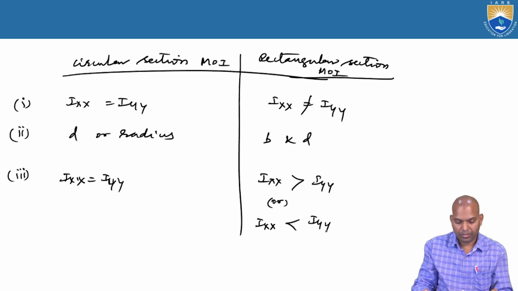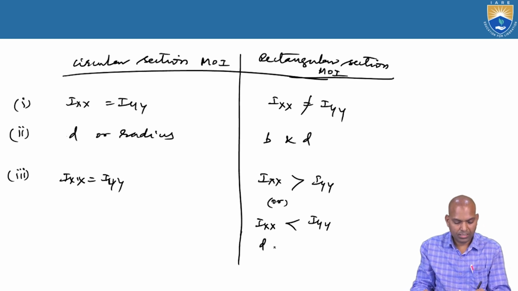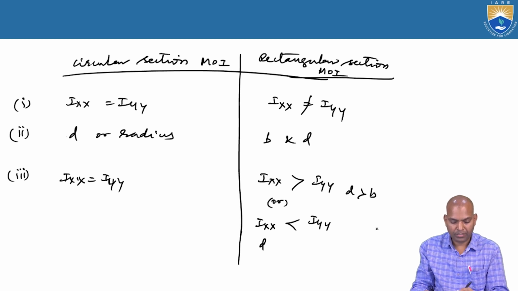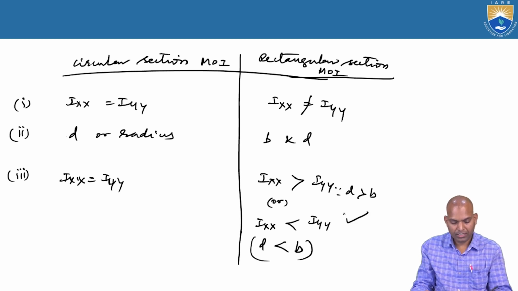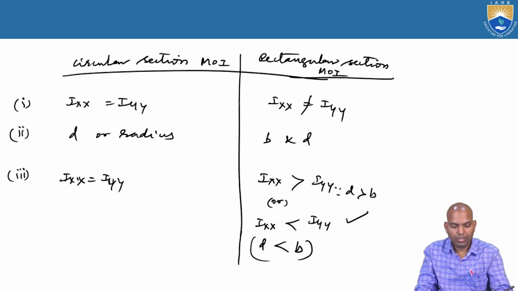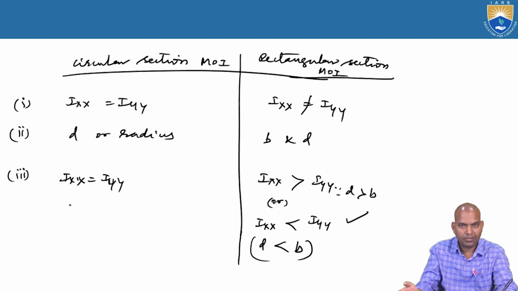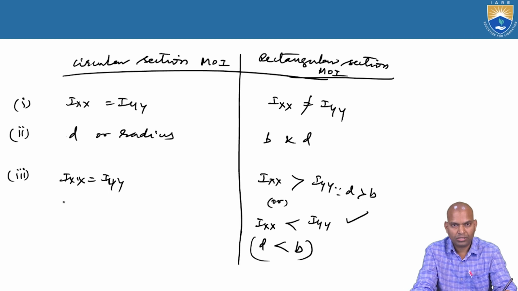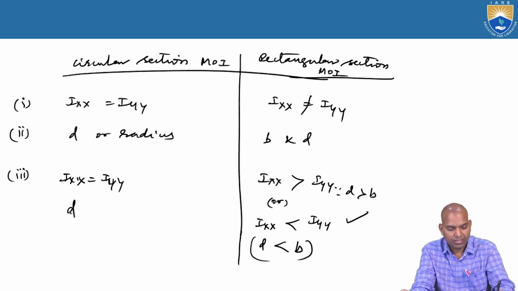It depends upon D: Ixx is greater than Iyy when D is greater than B. If D is less than B, Ixx is less than Iyy. In the circular case there is only one parameter, D.